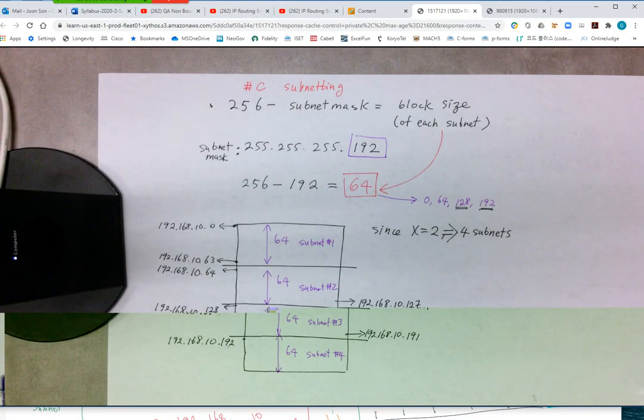Let's talk about this method B. This is the method that you should use when you're taking the actual exam or the test.